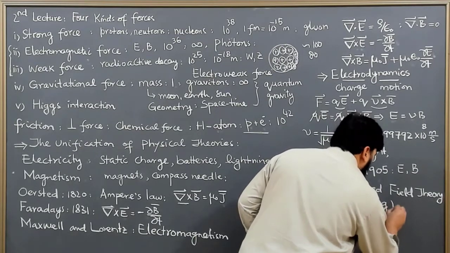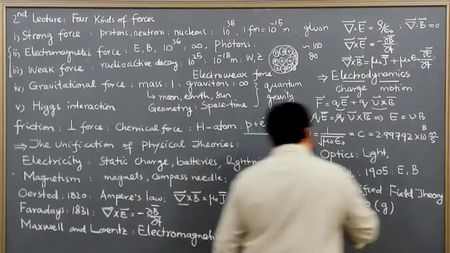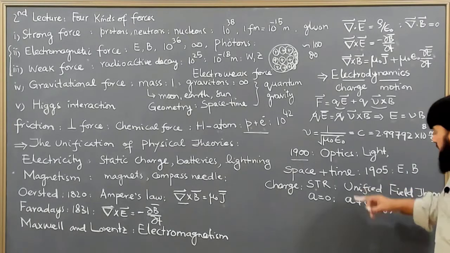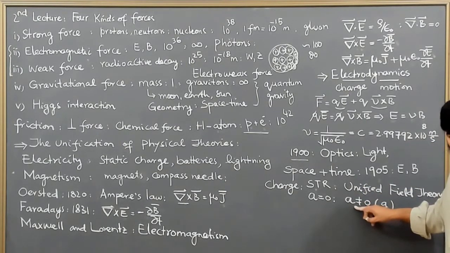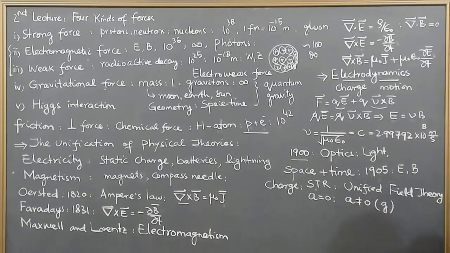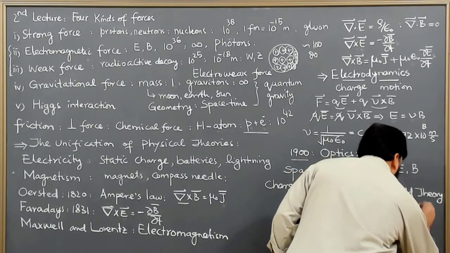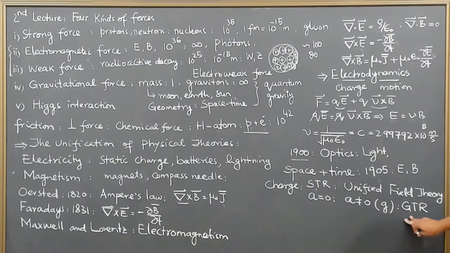If you include gravity, he took around 10 more years to incorporate the non-inertial frames and formulate the general theory of relativity. He was successful in this, and this is one of the theories which ruled the world for more than 100 years, and still the things are going on.